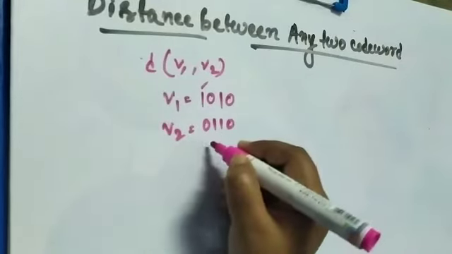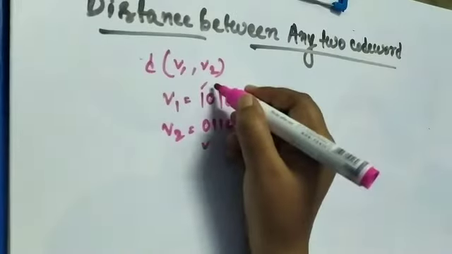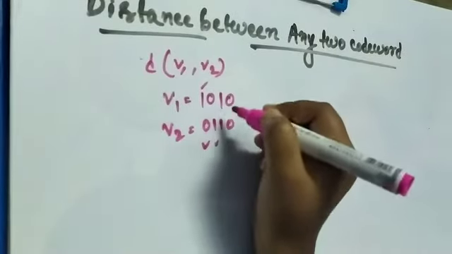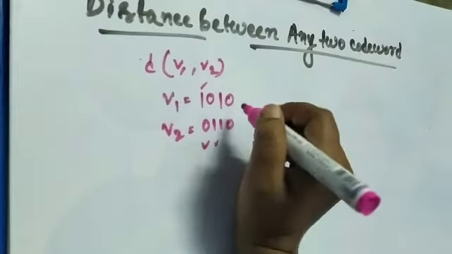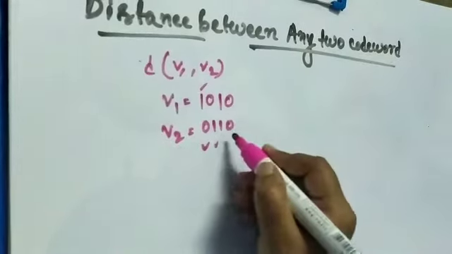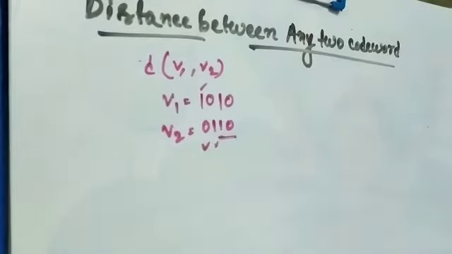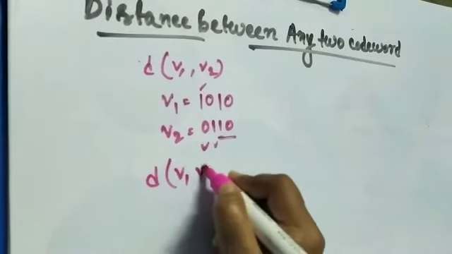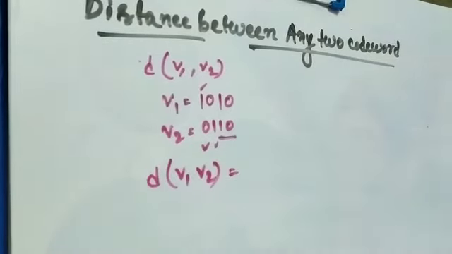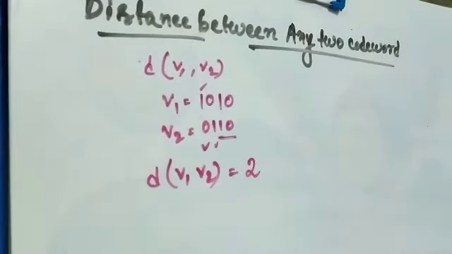That means in one position the bits differ. Then in the second position also the bits differ. In the third and fourth positions the bits are the same, so in these two positions no bits differ. Therefore d of v1, v2, the distance between these two code words, is 2.